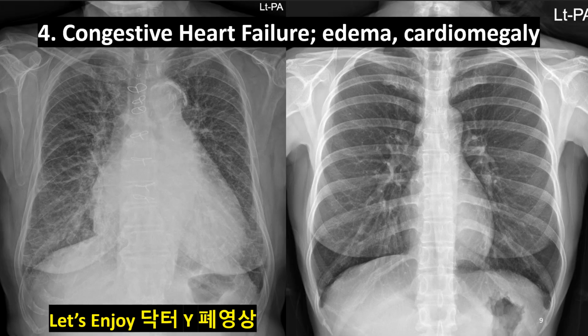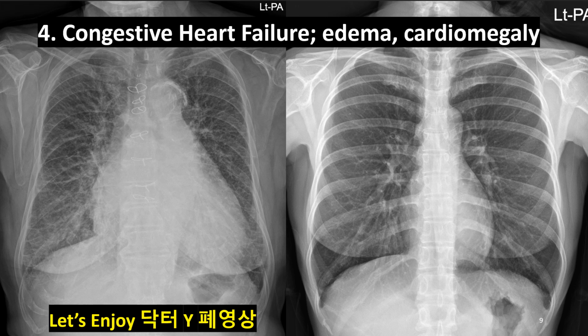What do we see with this old woman's chest radiograph? At first, her heart is big, so big, too big, and there is wiring in the sternum, a post-op condition, and also we see many horizontal and oblique lines in all of the peripheral lung field.